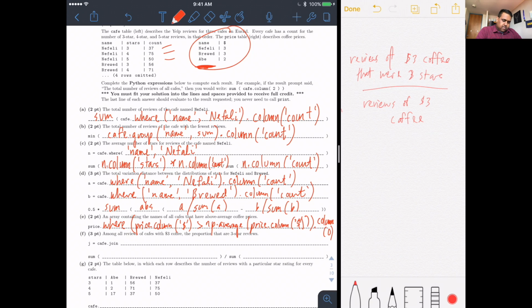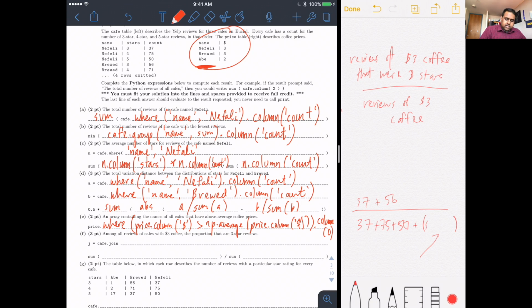So in this case, for example, we know that Nefali has $3 coffee, so we're going to consider it. Well, what are the total number of reviews of Nefali? Well, that's 37 plus 75 plus 50, right? And what proportion of those were 3 stars? Well, that's 37. And the reason I'm writing all these values on the left is because we'd also have to add up the sum of the reviews of Brewed, and then the total number of 3-star reviews of Brewed, which would be 56.